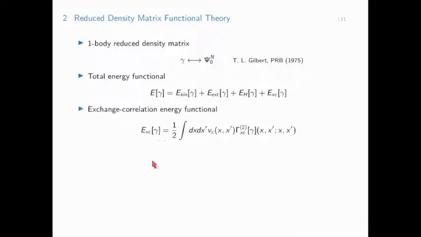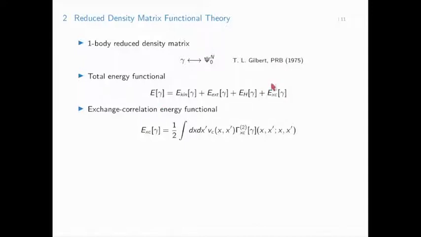The exchange correlation part is directly related to the exchange correlation part of the two-body reduced density matrix, where V is the Coulomb potential. So the solution of this problem, which means the exact one-body reduced density matrix, is obtained by minimizing this total energy functional, also imposing some extra constraints for the representability of gamma.